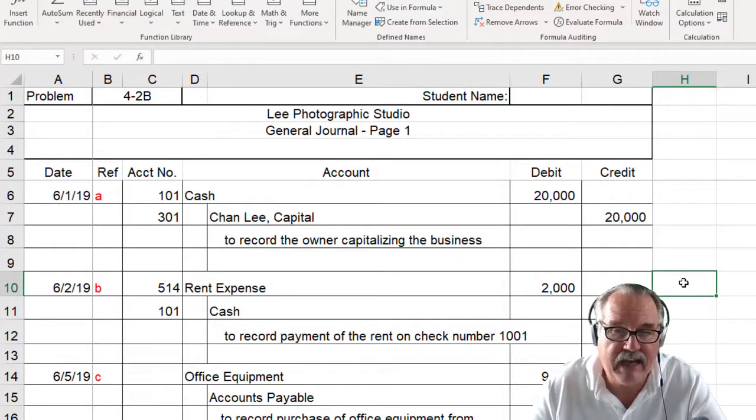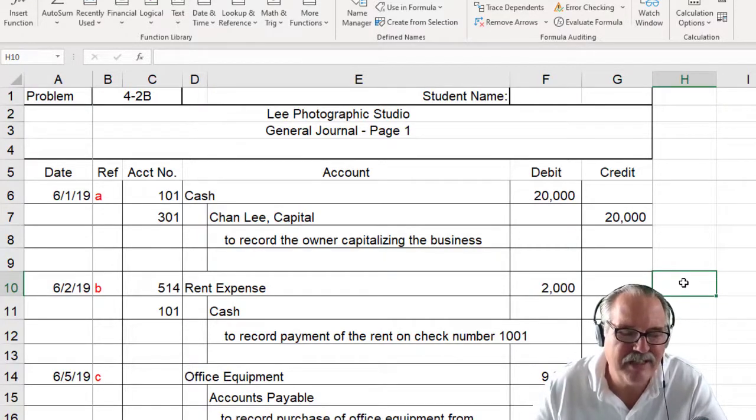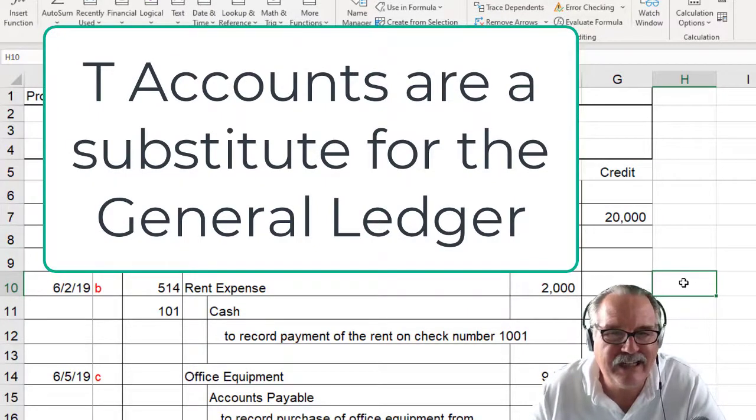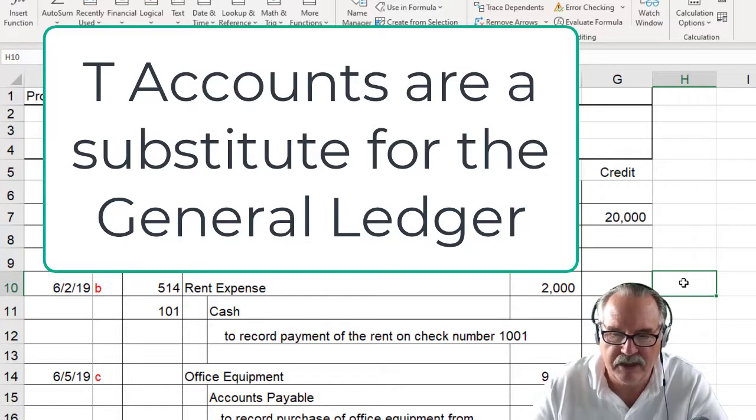But most companies have accounting software that records this in a journal and then posts it into the ledger. So I don't want you to spend a lot of time worrying about the ledger. We're going to use T accounts. T accounts work just fine. In effect, the T accounts are a substitute for the general ledger.